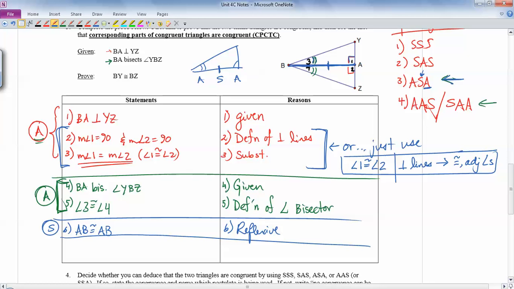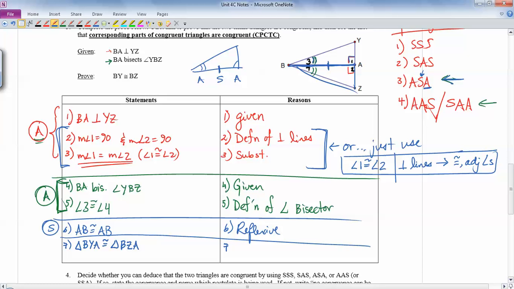And I have the same exact thing in the bottom triangle too. So now I can say triangle, if I call the first one BYA, then you've got to match up the letters in the second one the same way. BYA went 2 curves, no curve, right angle. So this one would have to go 2 curves, no curve, right angle, BZA.